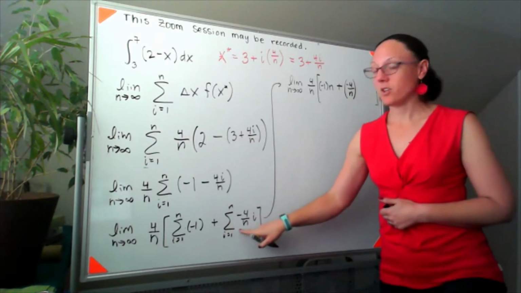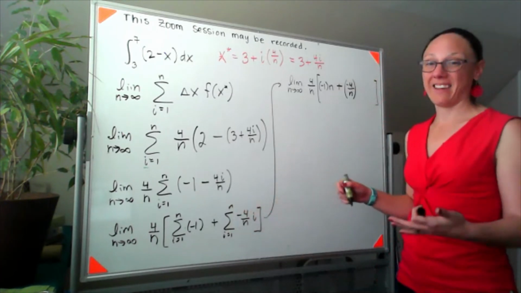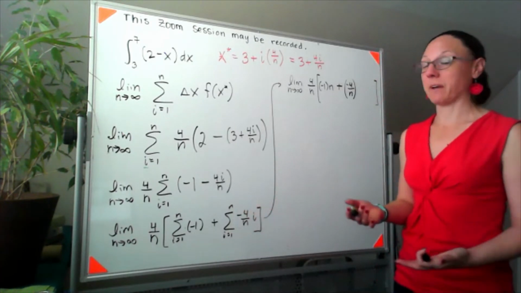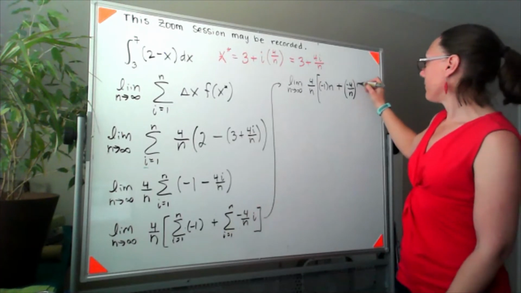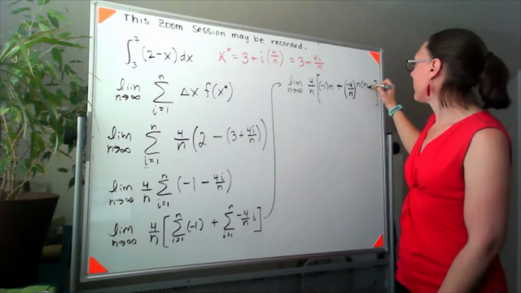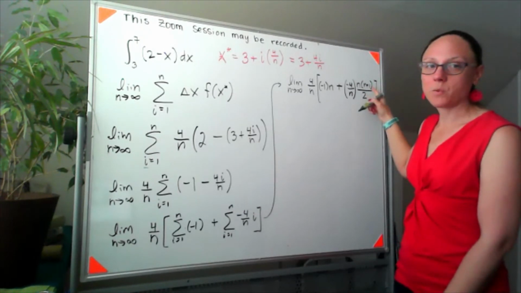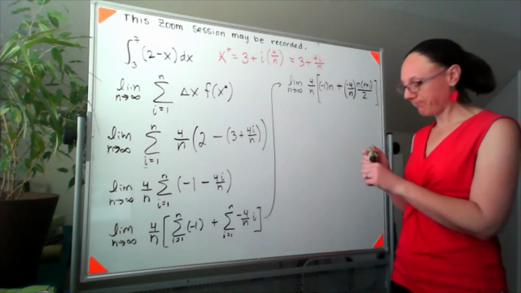Which leaves us with the sum of i from 1 to n, and that's a formula that you are expected to memorize. And that's going to work out to be n times n plus 1 all over 2.